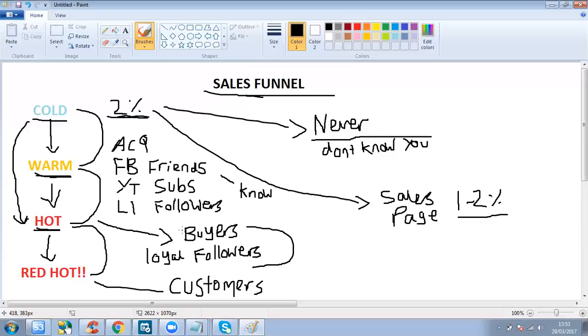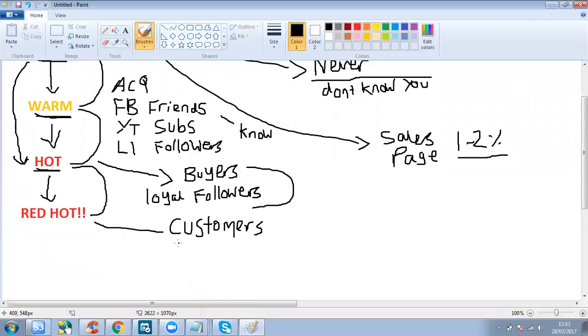So in your red hot category are people who buy from you over and over and over again. If it's an internet business, a team building business, then these are going to be people who you've worked closely with to build a team. So maybe you've done one-on-one Zoom sessions or Skype calls, or you've known them a long time and you've worked with them for a long time.